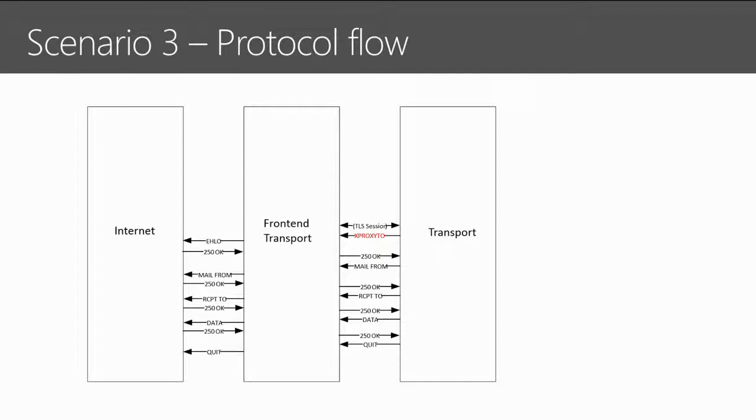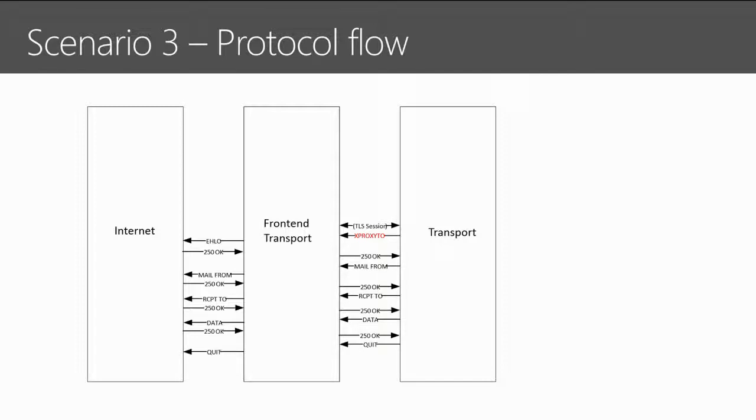So we use a verb called xproxy2. xproxy2 basically tells the front-end transport service, hey, please send this piece of mail to this destination, to this IP, or to this server. That's what the xproxy2 will contain.